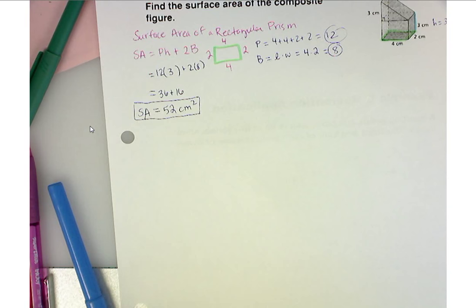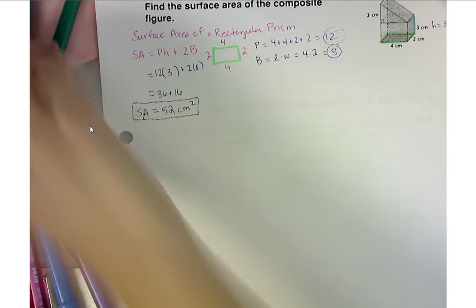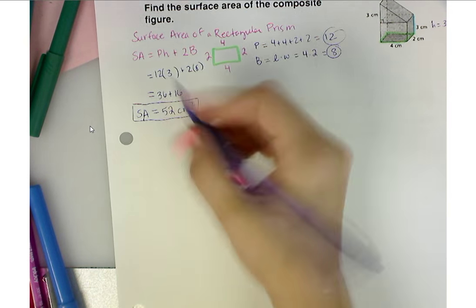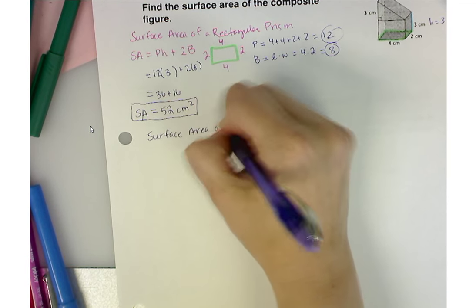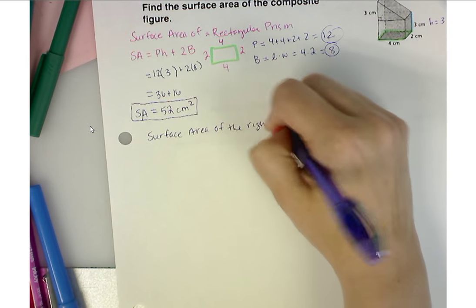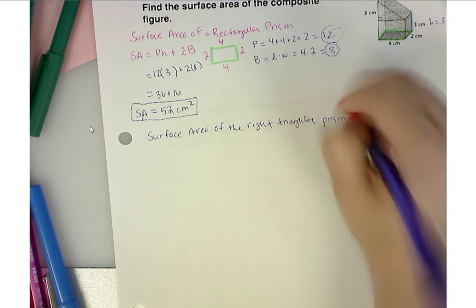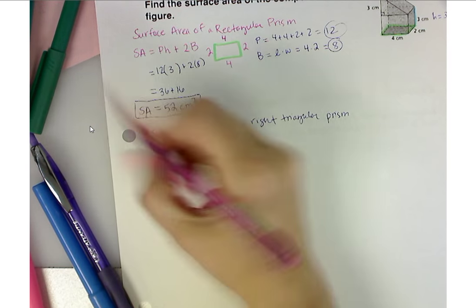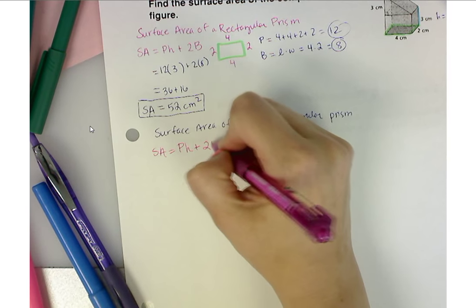Now we're going to find the surface area of the right triangular prism. Again, your surface area formula is the perimeter times the height plus double the base.